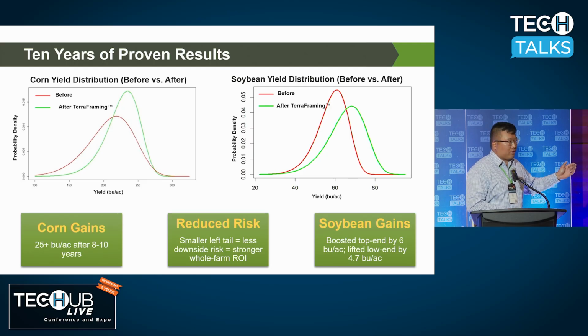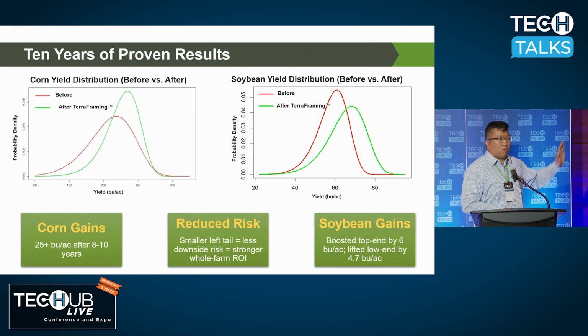And what that represents is a more stable yielding field year after year after year. And what we have done effectively is remove about 30 bushels of risk off of that left-hand tail, that at-risk acre, right? And when we remove bushels off of that left-hand tail, we are reducing downside risk, which means overall stronger ROI on your operation. And we have a very similar story with soybeans, very similar curves.